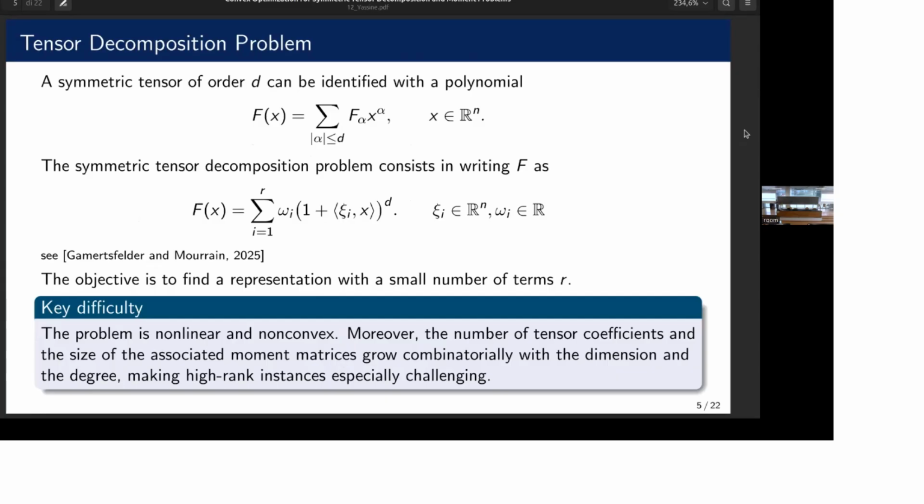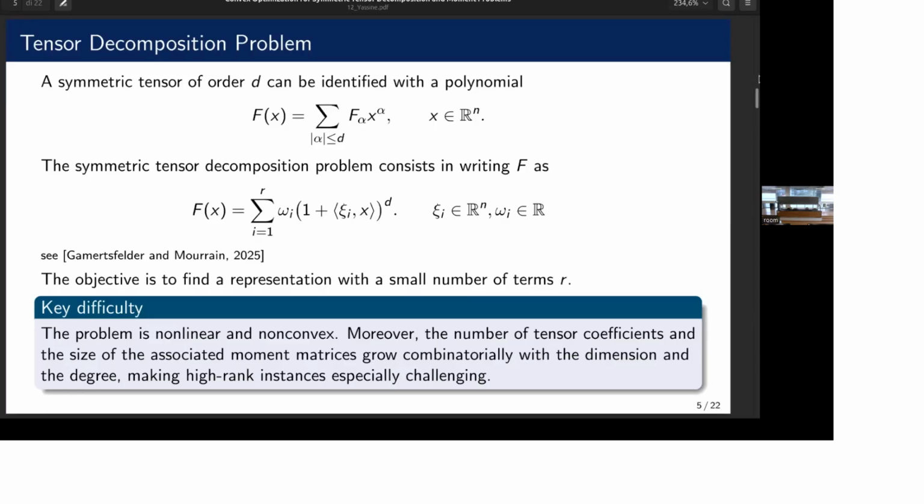Now we can go deeper into this tensor decomposition problem. A symmetric tensor can be identified as a polynomial, and the tensor decomposition problem consists in writing this polynomial as a sum of linear powers.